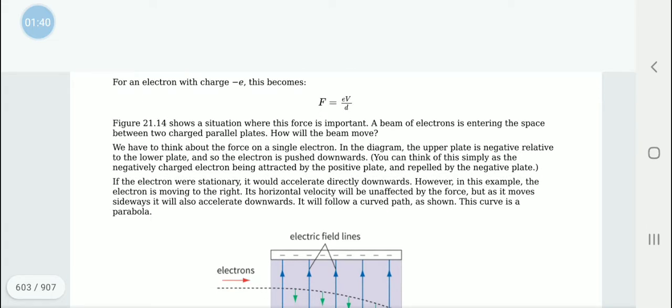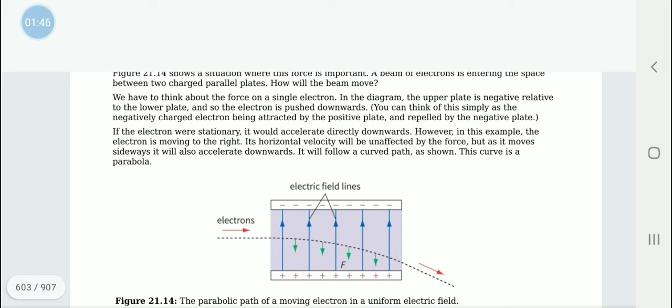Now, if we think about the force on a single electron, like shown here, the upper plate is negative and the lower one is positive or less negative. So the electron is pushed downwards because it is attracted towards the positive plate, right?